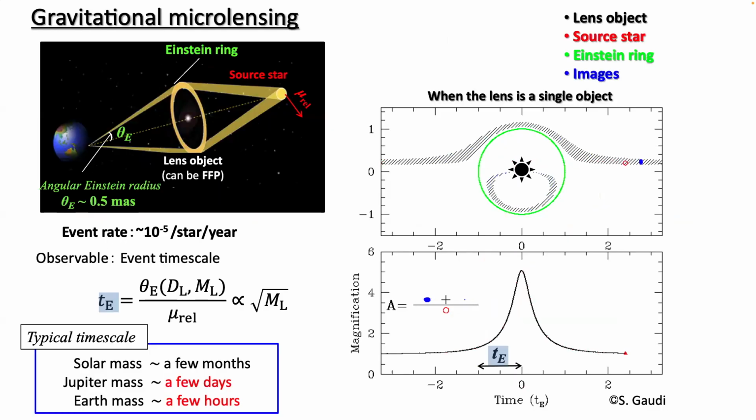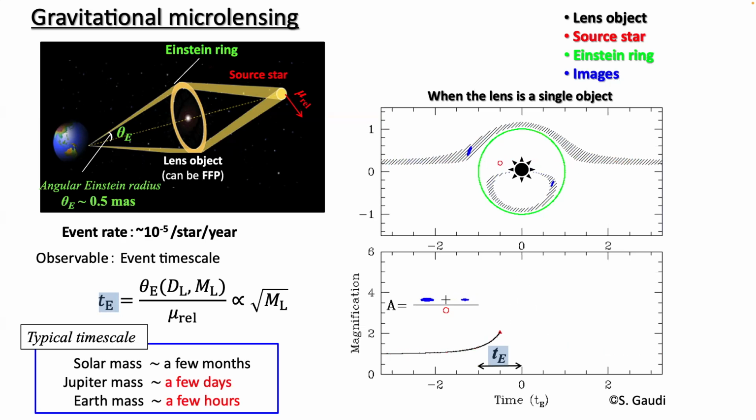Okay, I think I can almost skip this, right? That's microlensing. The important thing is that the observable of microlensing is the event time scale, tE, and this is defined as the angular Einstein radius, theta E, divided by the relative proper motion, mu, and this is proportional to the square root of the lens mass.